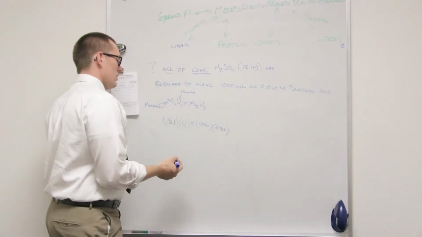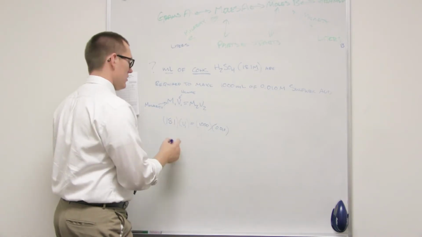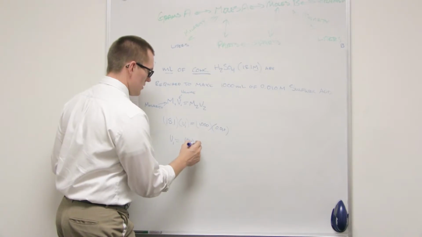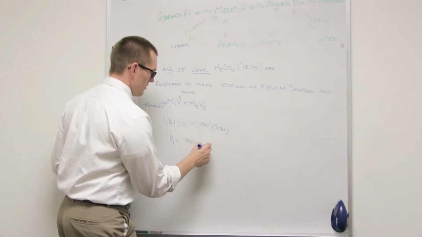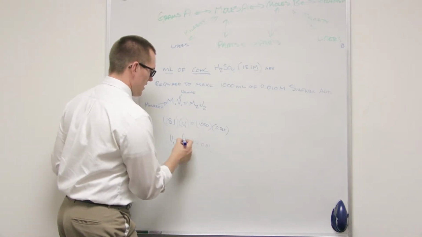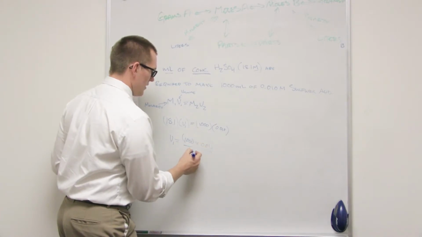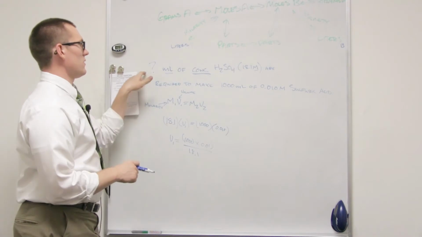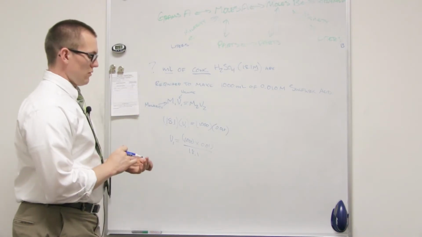And so basically we just do our algebra. V1 is equal to 1,000 times 0.01 divided by 18.1. And that gives us the volume of this solution that we need.